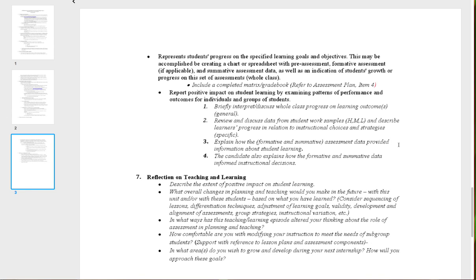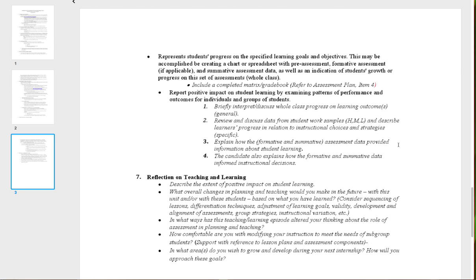The third evidence you want to supply is you want to explain how the formative and summative assessment data provided information about student learning. So here, you're going to look across individual students, and you're going to look down individual assessments, and you're going to make some conclusions about student learning.